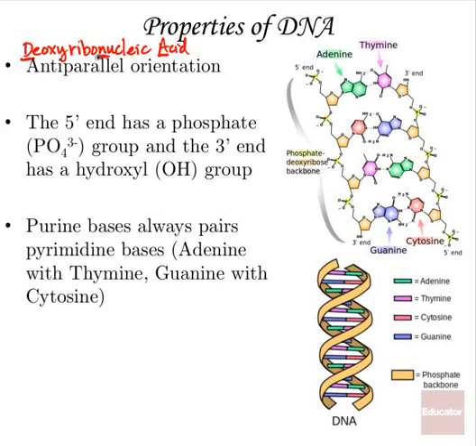Okay. Now, DNA is normally found in what's called a double helix. So it's two-stranded, as we can see over here. And it is in an anti-parallel orientation. Each strand has a 5' phosphate end and a 3' hydroxyl end.